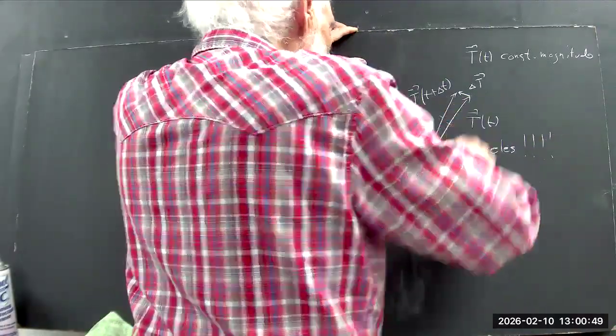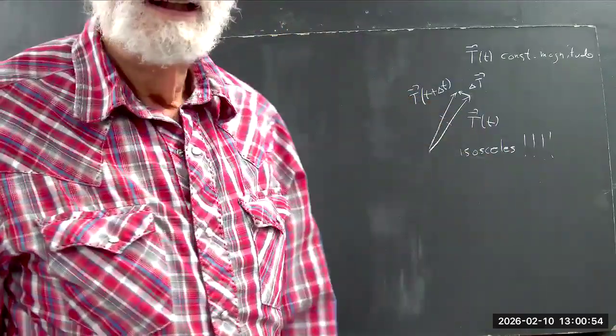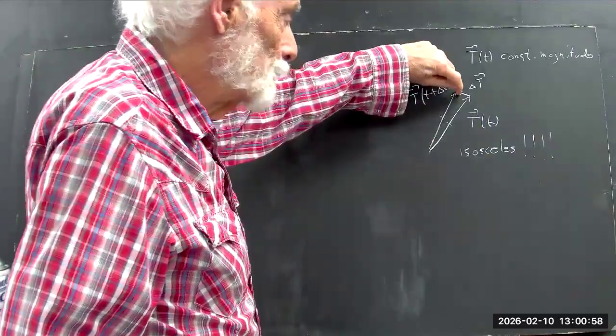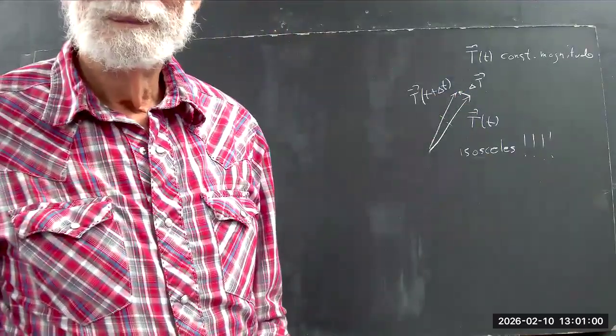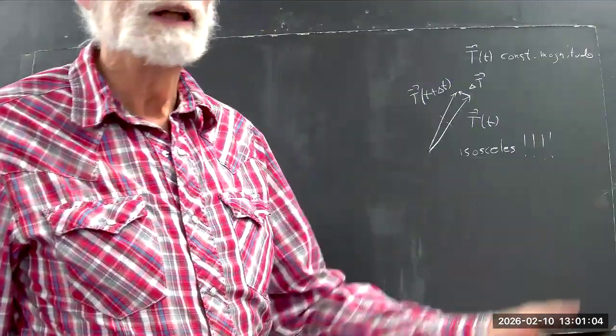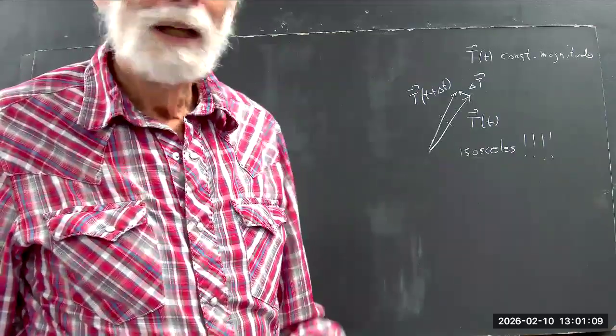This side equals this side, because these are unit vectors, which means these angles up here are equal, right? Now, what do the three angles of the triangle add up to? Well, 180 degrees.